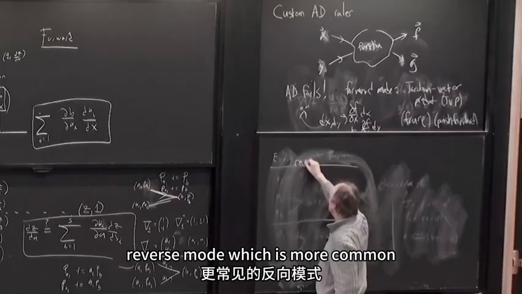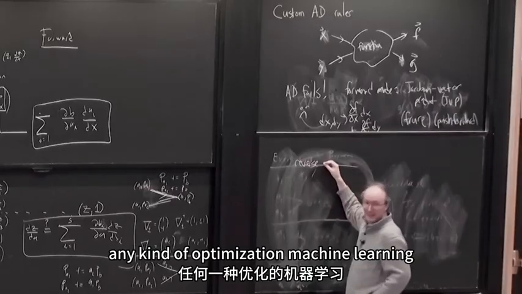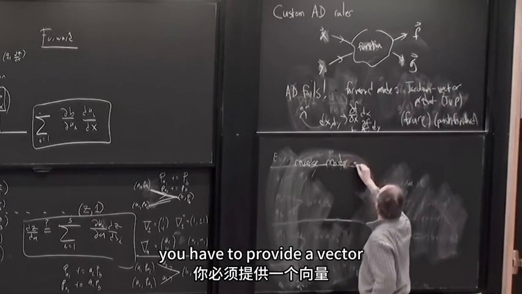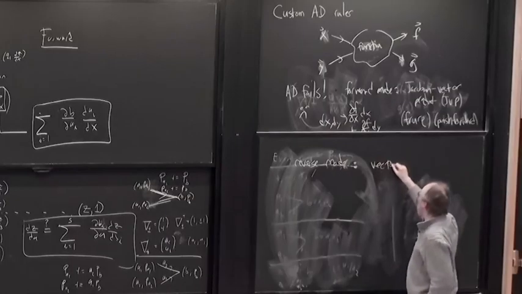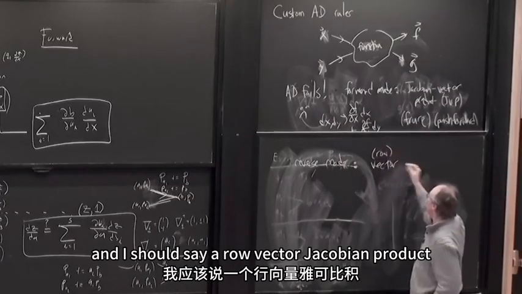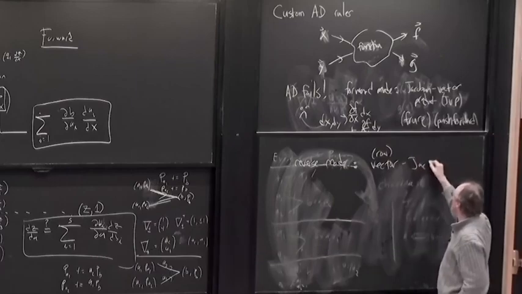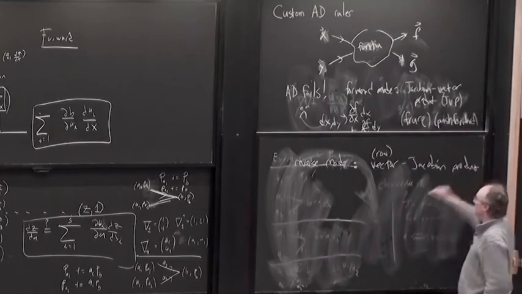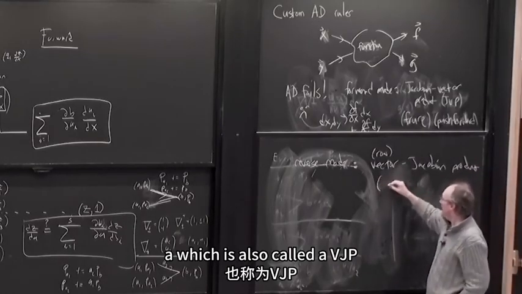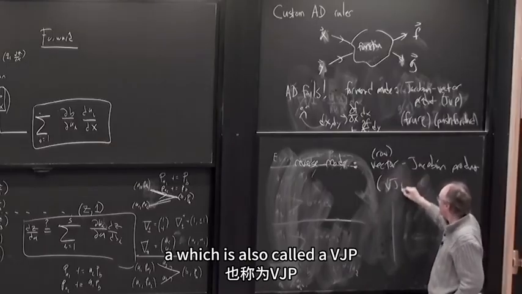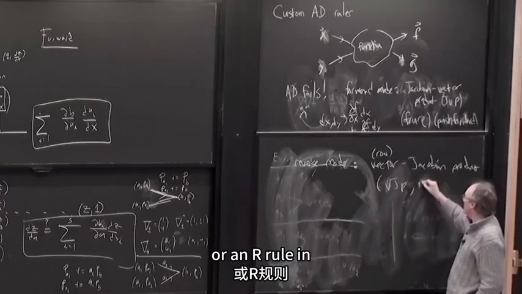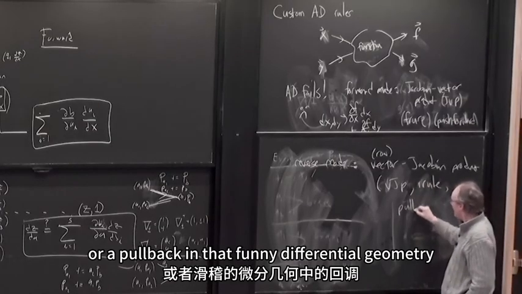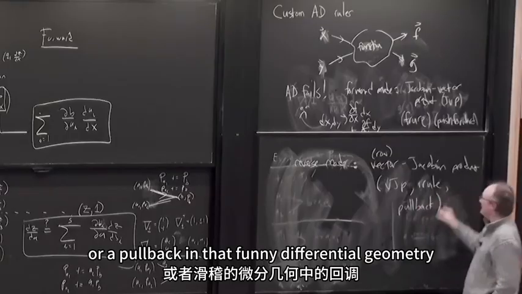And if you're doing it in reverse mode, which is more common if you're doing any kind of optimization or machine learning, you have to go in the other direction. You have to provide a row vector Jacobian product, which is also called a VJP, or an r rule, a reverse rule, or a pullback in that funny differential geometry notation.